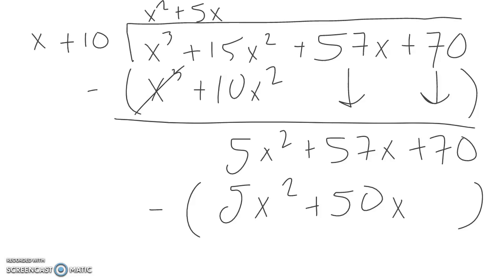And the 5x squared are going to cancel out. Now we just have to work with 57x minus 50x, which is going to be 7x. And then we're going to go ahead and bring the 70 down. Then you're going to do 7x divided by x, which is going to be 7.